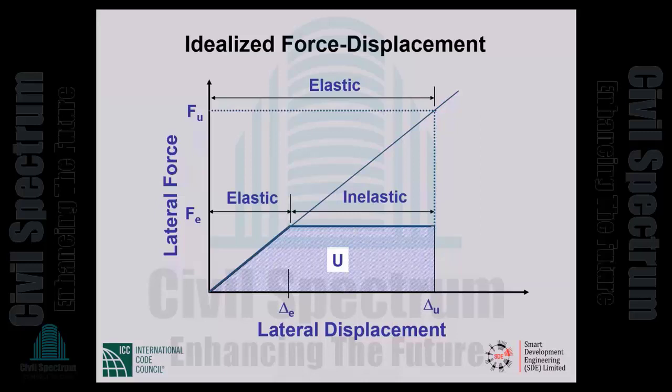Okay. So we can design for the low strength level F sub E, provided the resulting inelastic displacements are within the inelastic deformation capacity of our structure. Inelastic deformation capacity comes from proper detailing of the members and the joints. And that's what the materials chapters of the code are about.